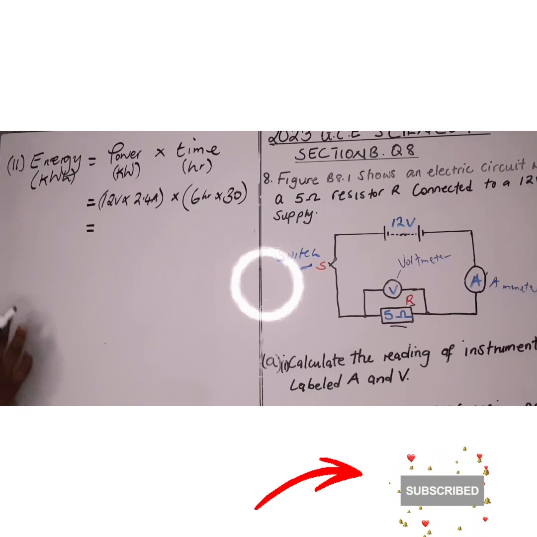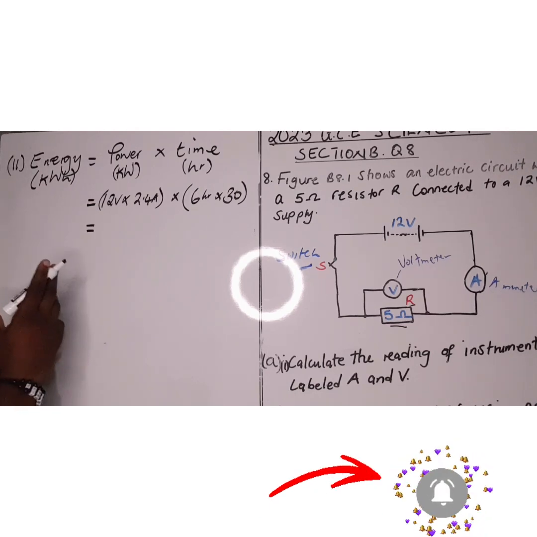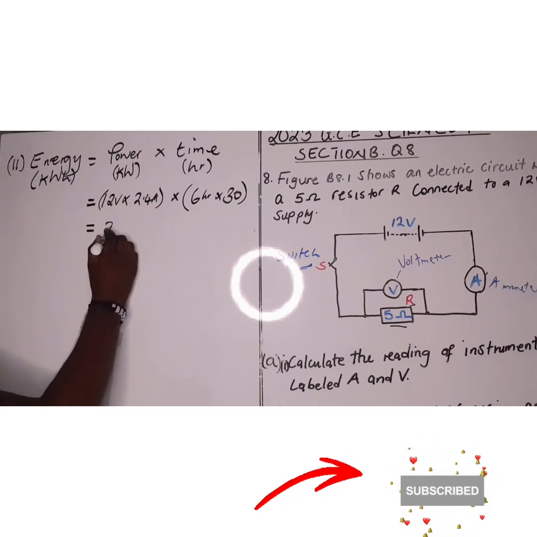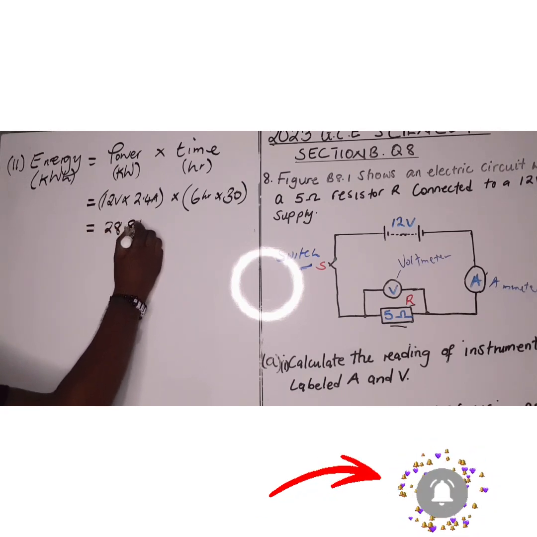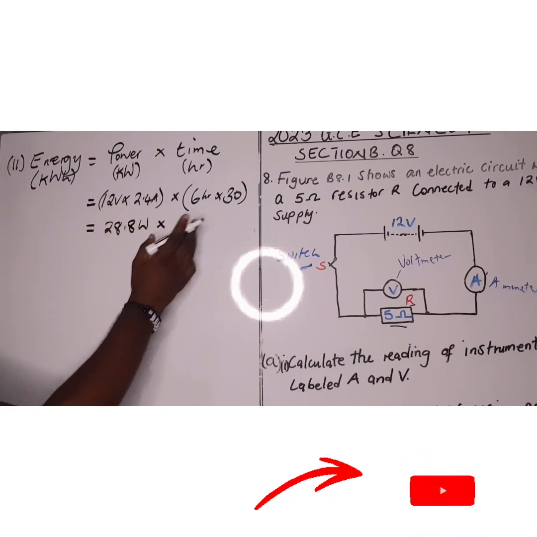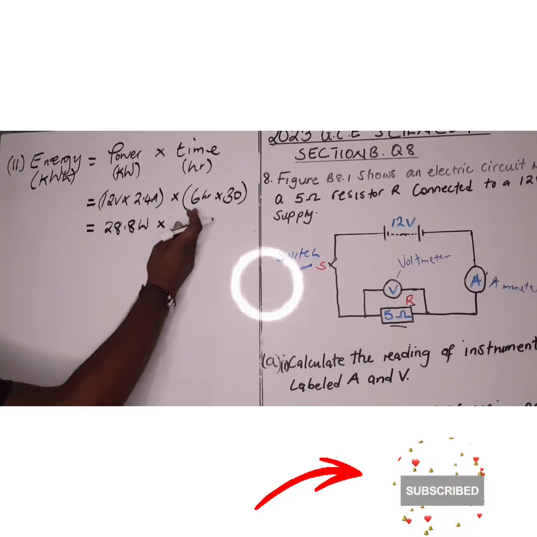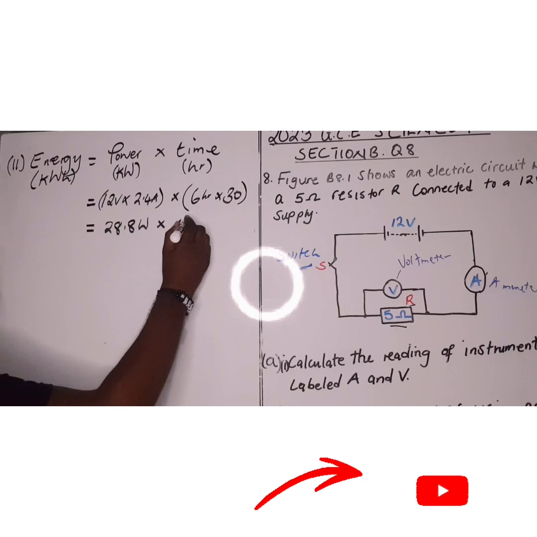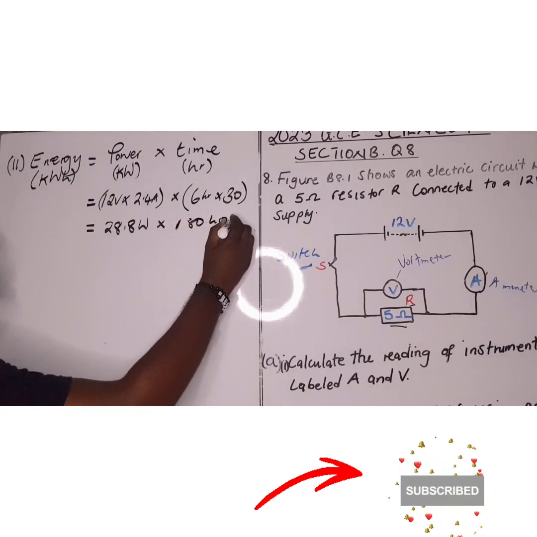When we multiply 12 volts by 2.4, we have 28.8 watts, multiplied by 6 times 30, which is 180 hours.